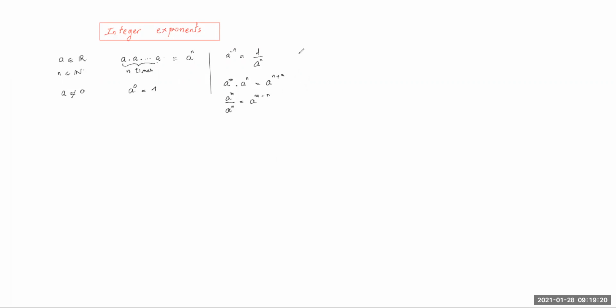But mainly we need this: a power m, to the power n, will be the product of the powers. If you have two different quantities, a and b, and you take the product to a power n, it's a power n times b power n.